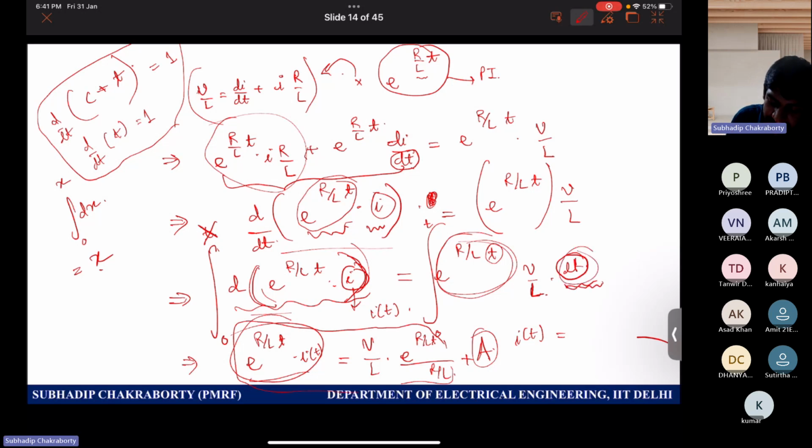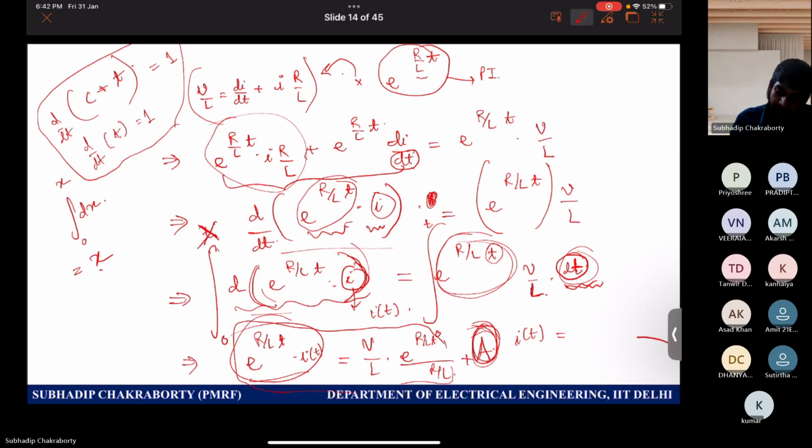So the limit should be of this. Here it is okay, 0 to t, but here you cannot put limits. So for that reason, there is an additional constant that is coming, because whenever you don't have limits, you cannot ignore the constant term.